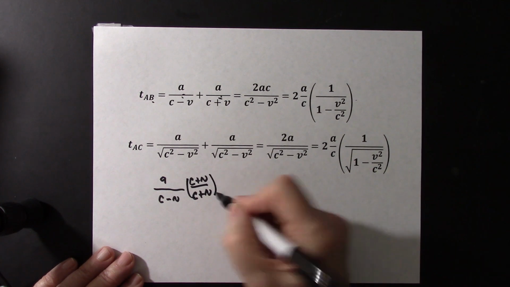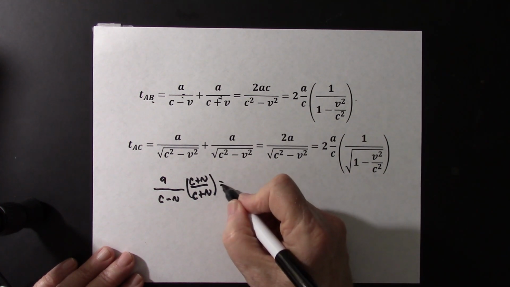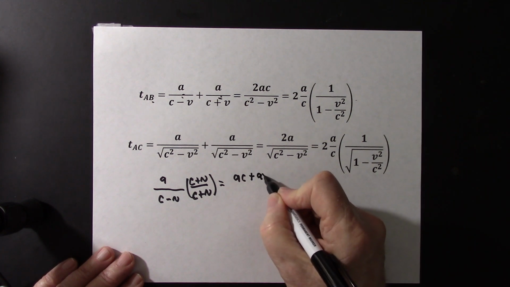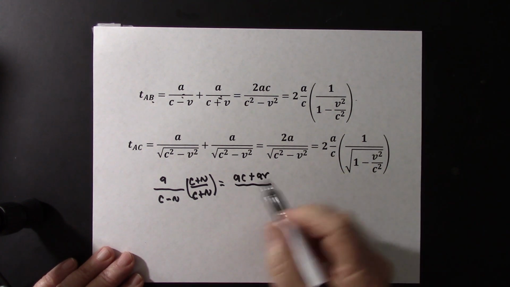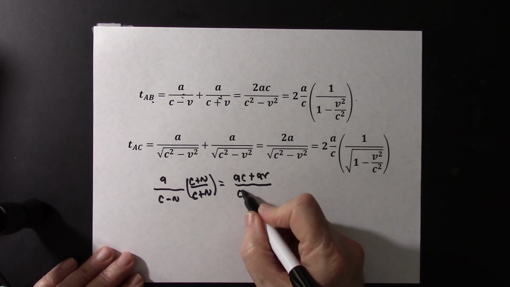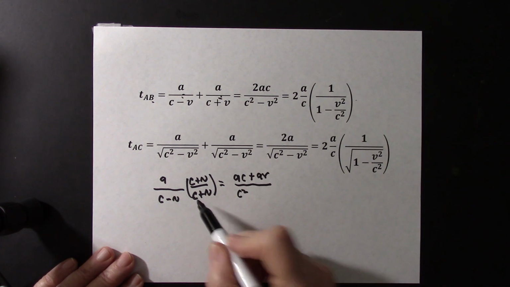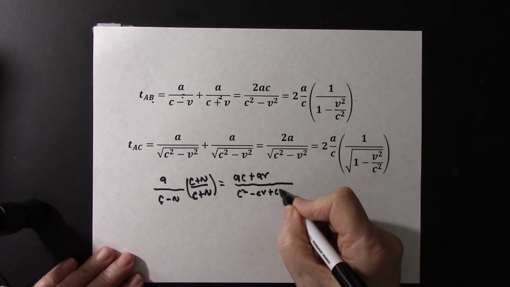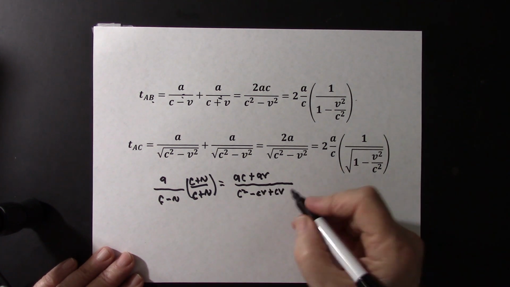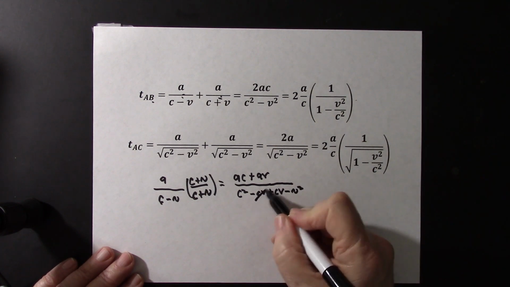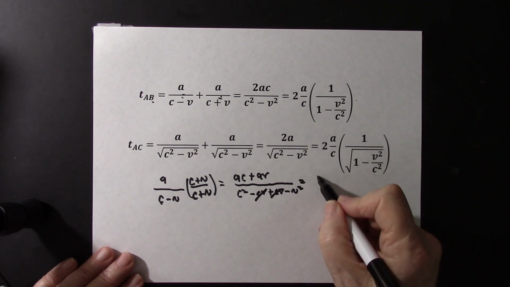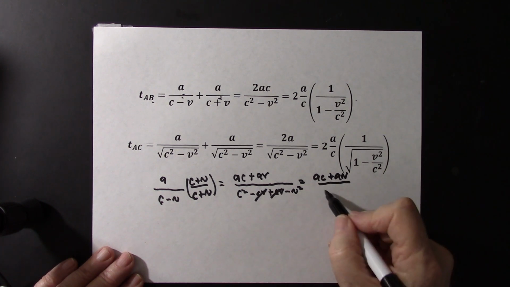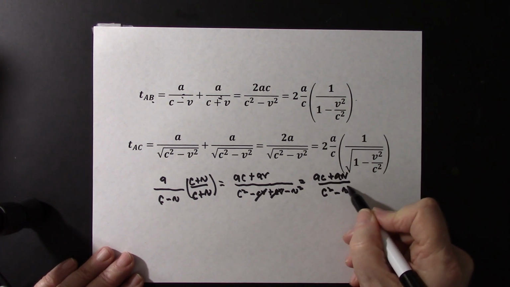That gives us, on the top, ac plus av, divided by c times c, which is c squared, minus v times c is minus cv, plus cv, and then minus v times v is minus v squared. Well, this cancels, and so we would have ac plus av divided by c squared minus v squared.